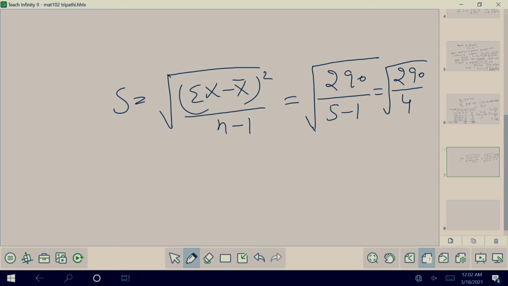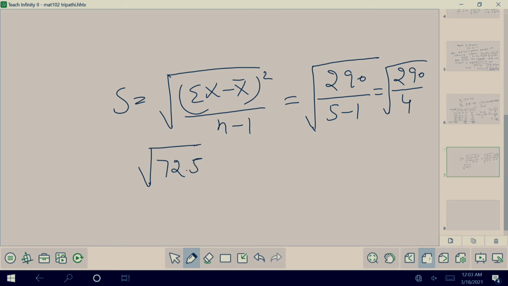And what next? How do you calculate this? 290 divided by 4, 4 7s are 28 and 4 2s are 8.